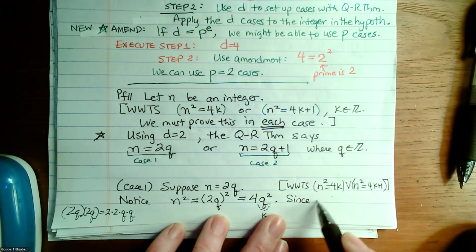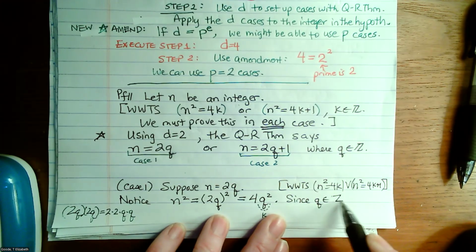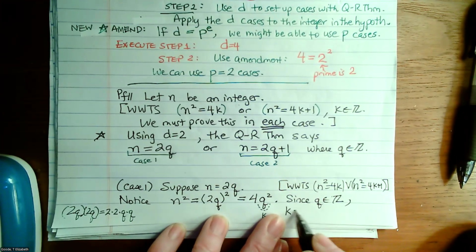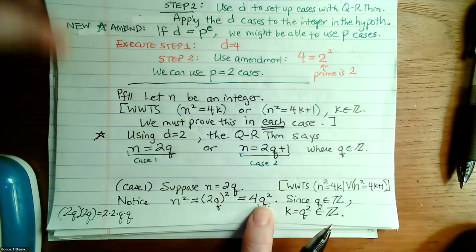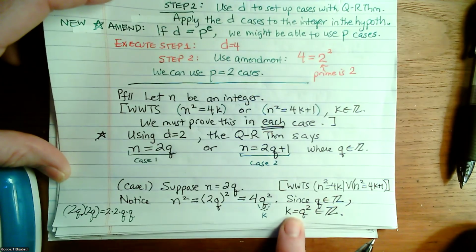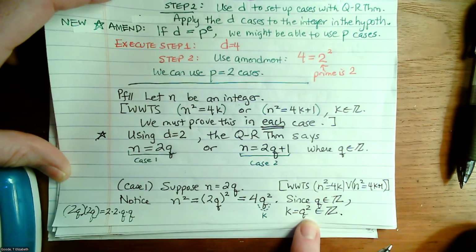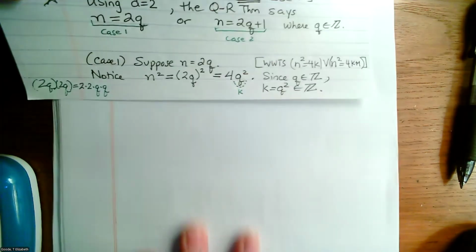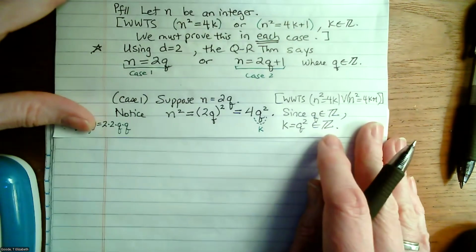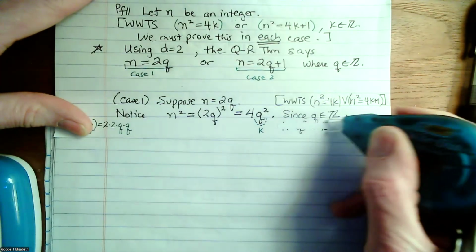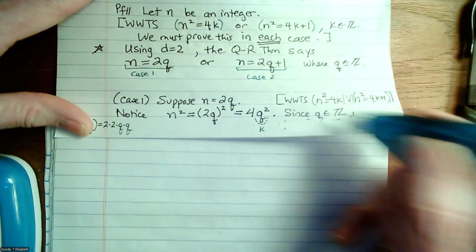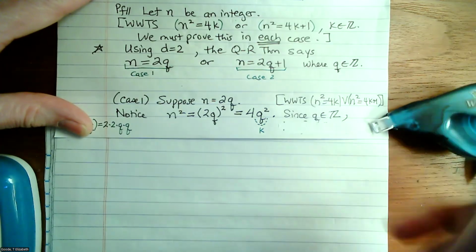Since q is in Z, k equals q squared is in Z, right? Since this q is an integer, if we set k equal to q squared, that's an integer. I don't really like having that there, I'm going to go ahead and put it on the next line.